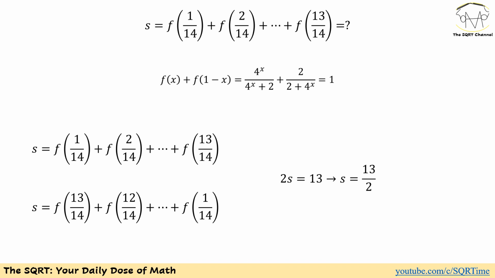Now if you add the one that we have above and the one that we have below for s, you're going to see that we have 2s, but this time f of 1 over 14 plus f of 13 over 14 is going to be 1, and you are not going to face any issue here. So we have 2s equals 13, and then s is going to be 13 over 2, and that's our final answer.